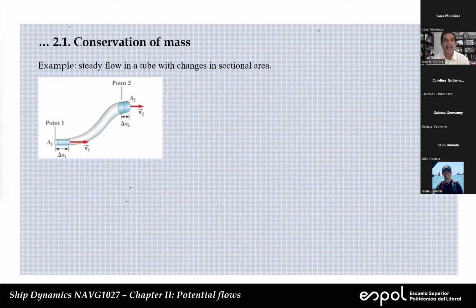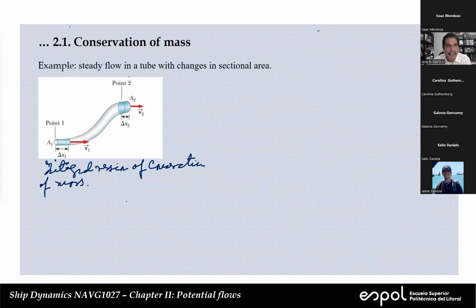Now, this is another case, and in this situation, we have to use the integral version of the conservation of mass.